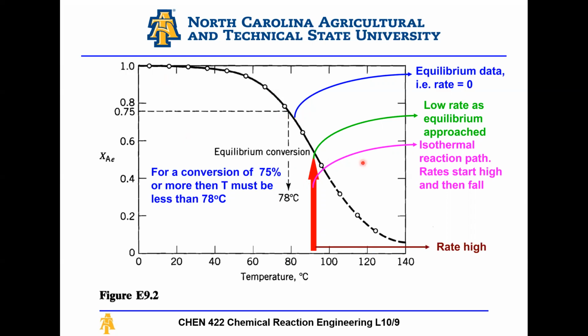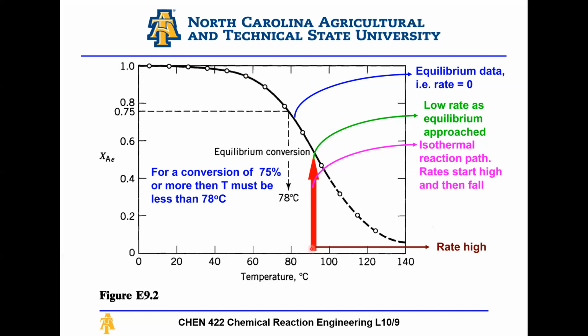You have a low rate as equilibrium is approached. If you think about my conversion here, my reaction rate is very high at the bottom of this chart, and as I get closer to equilibrium, my rate approaches 0, because on this line the reaction rate is 0, so the further I get away from the line, the higher my reaction rate will be.